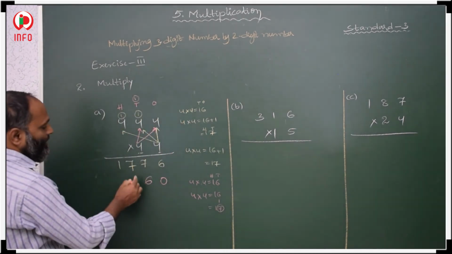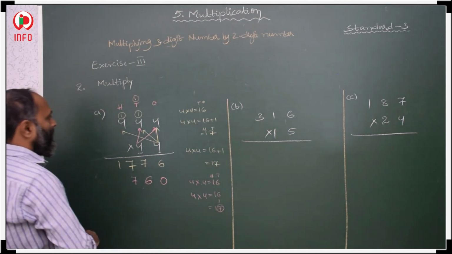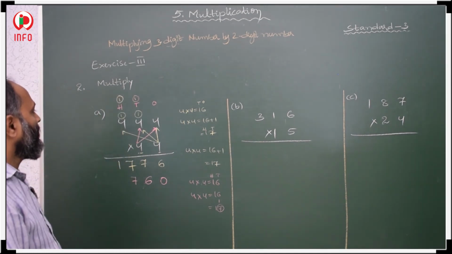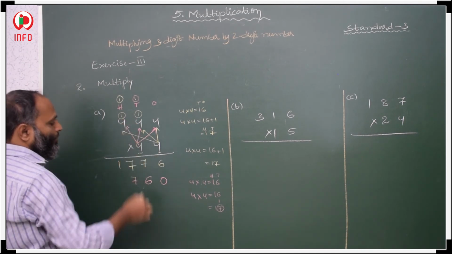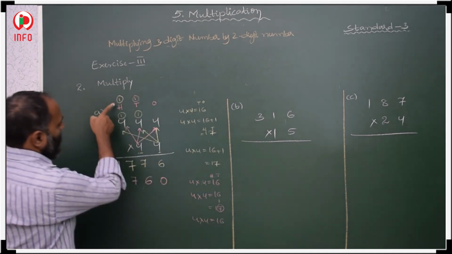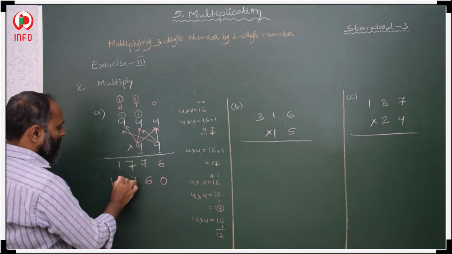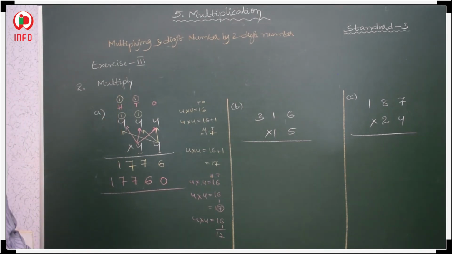This 7 we have to keep here, and this 1 we have to take in hundreds place. Now again 4 4s are 16. What is the carry over? 1. 16 plus 1, 17. So we have to write 17. Now add all this.